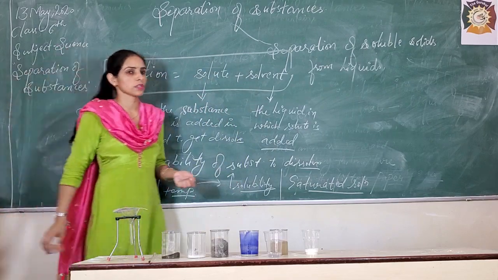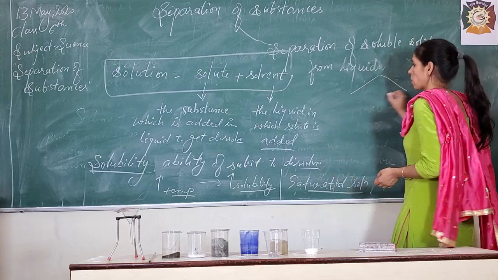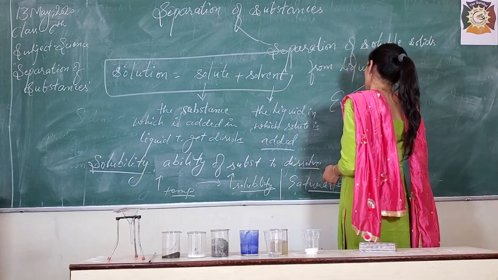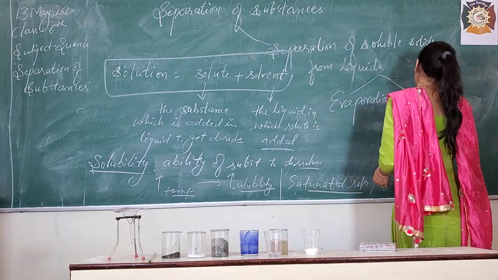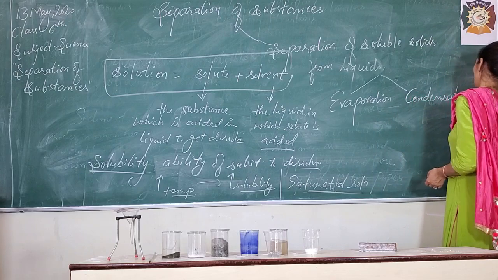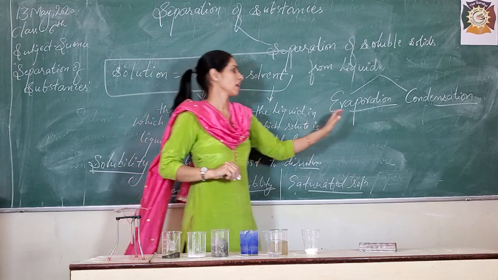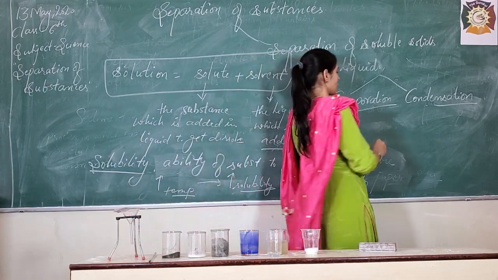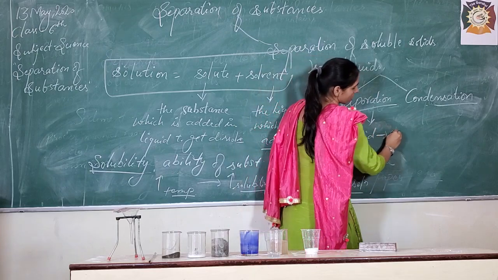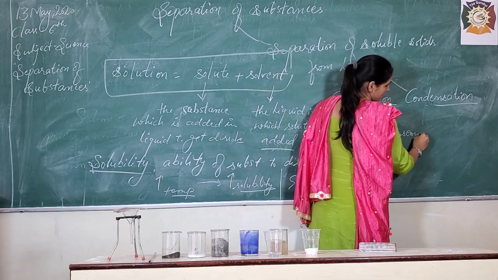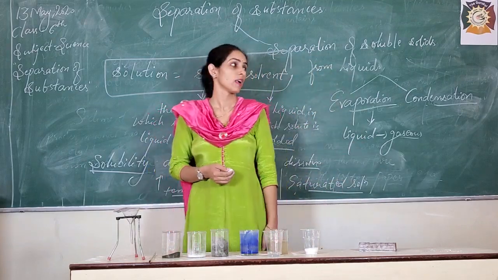So next are 2 processes which are left for separation of soluble solids from liquids. They were evaporation and condensation, right? Evaporation means the process in which liquid changes into its gaseous form. You must have heard about these two processes in your lower classes as well.